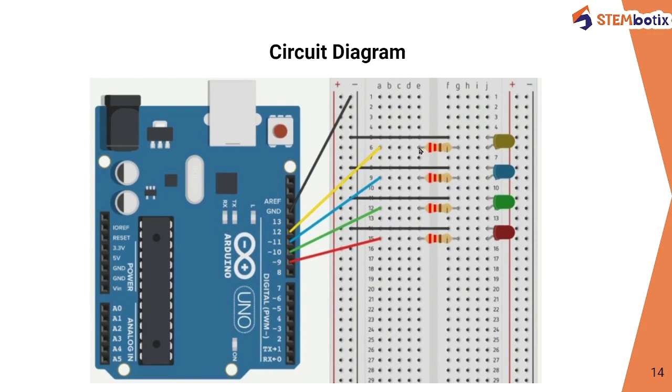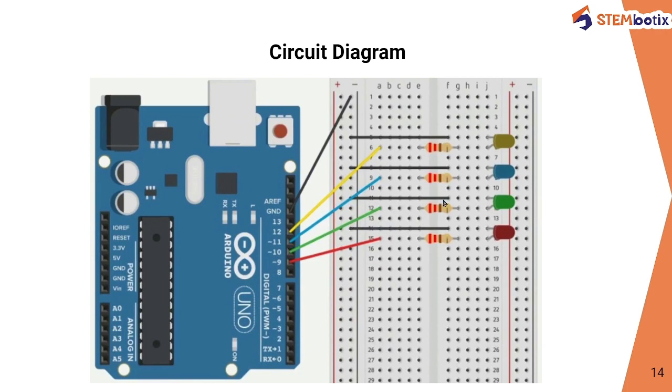Now it's time to connect the LEDs to the digital pins of Arduino Uno. The yellow LED's resistor is connected to pin number 12. The blue LED's resistor's remaining terminal is connected to digital pin number 11 on Arduino Uno.